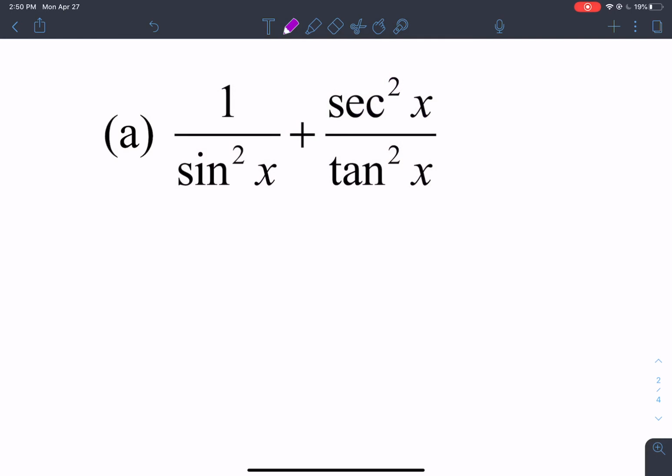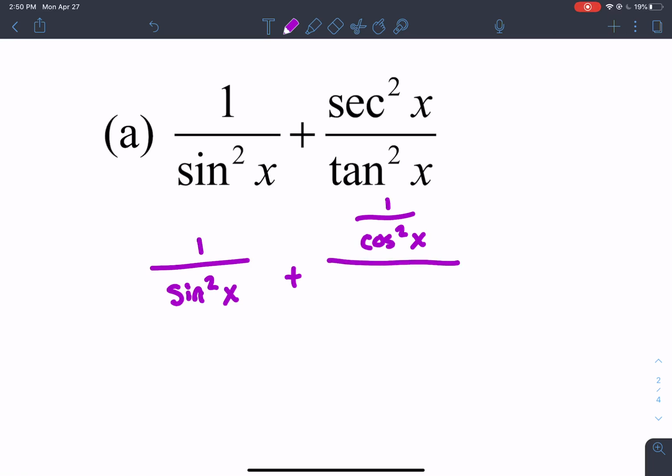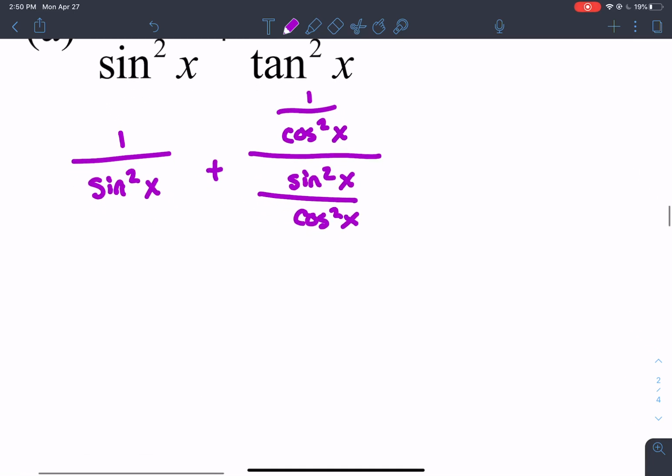So the first one's already in sine, so that's 1 over sine squared, plus 1 over cosine squared divided by sine squared over cosine squared, right? So what's that going to give me?